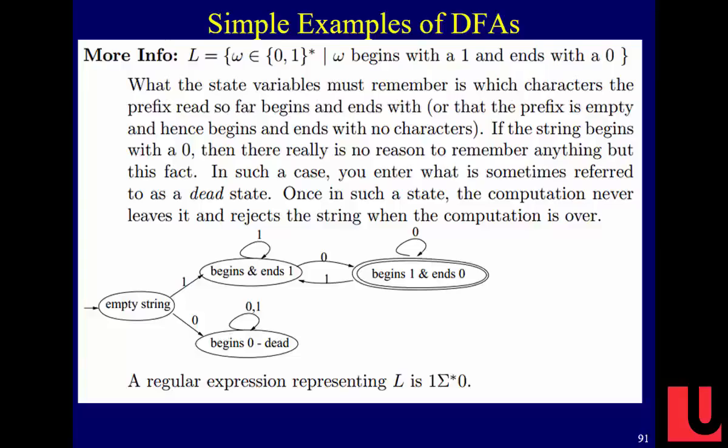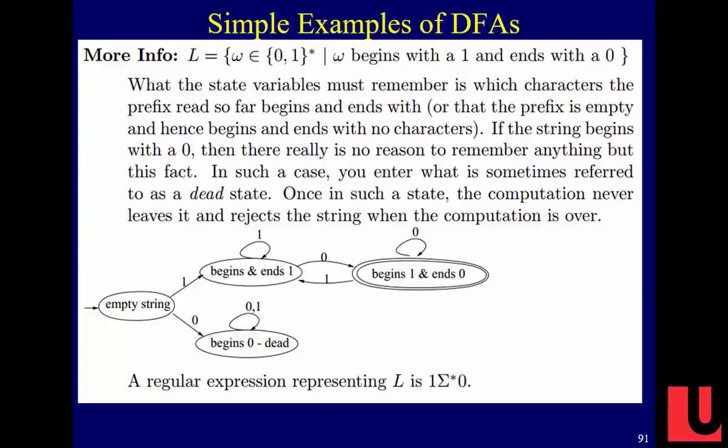Yeah? Why is there one path just returning from the accept state to the previous state? From the accept state, here? That right there? All right. Suppose you've read some string so far, and you're in this state. You can never look at what you've read so far. So here, I've read some things so far, and what do I know?